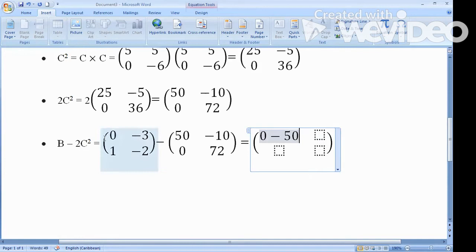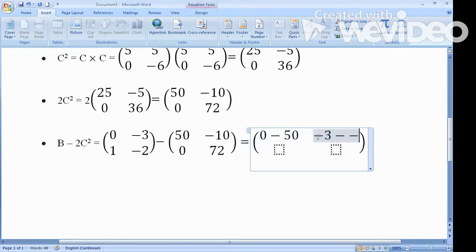Remember, we're not multiplying, so we can't say row by column, right? So it will be negative 50. Very good. And that's negative 3 subtract 10. Everybody see that?